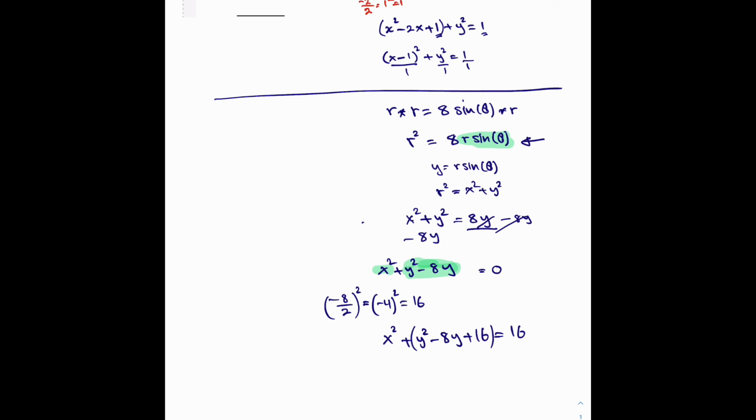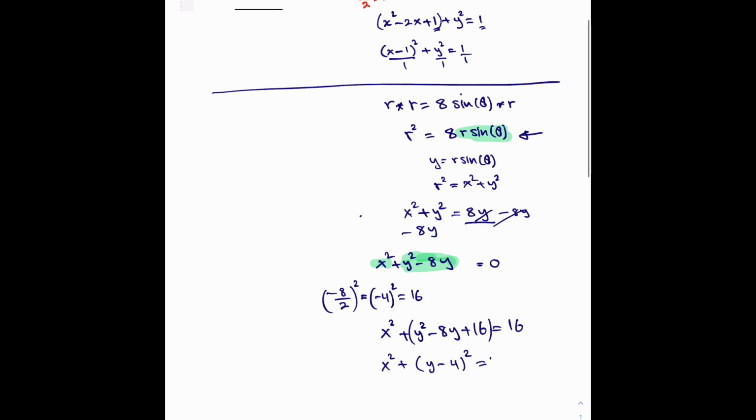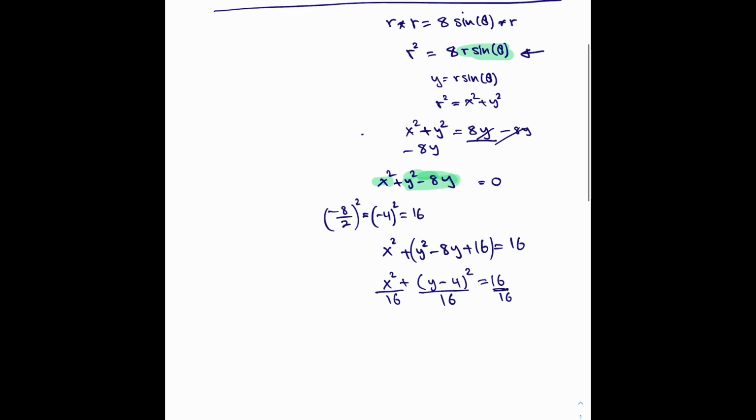Now, this expression can be factored, so x squared plus y minus 4 all squared equals 16. Now I need this side to be 1, so I'm going to divide every term by 16 to make it into the standard form of the conic section. Here, x squared over 16 plus y minus 4 all squared divided by 16 equals 1. So this is an ellipse.